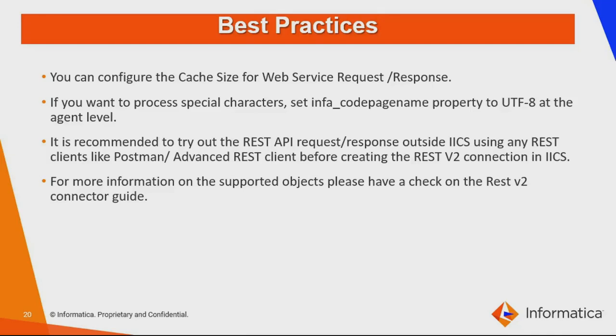We do not have an option to configure the code page at the connection level. It is always recommended to try out the REST API request or response outside IICS before getting started with the integration in IICS. For more information on the supported objects, please have a check on the REST V2 connector guide.